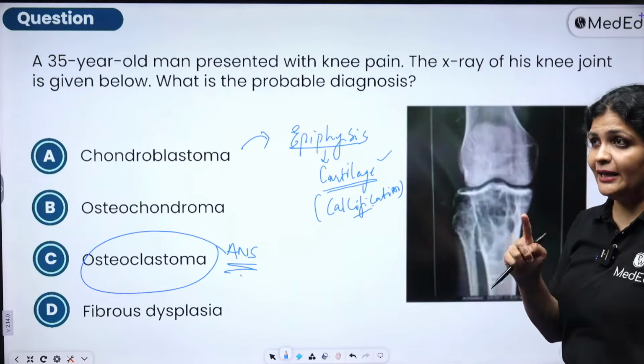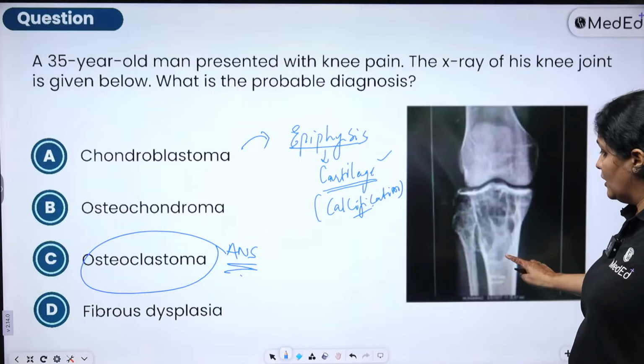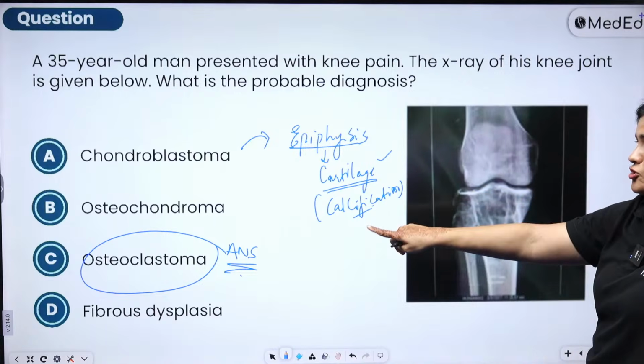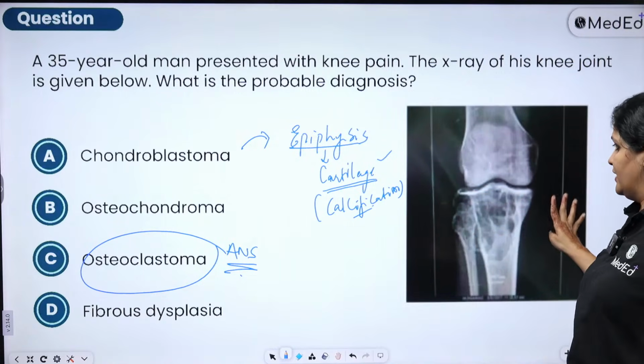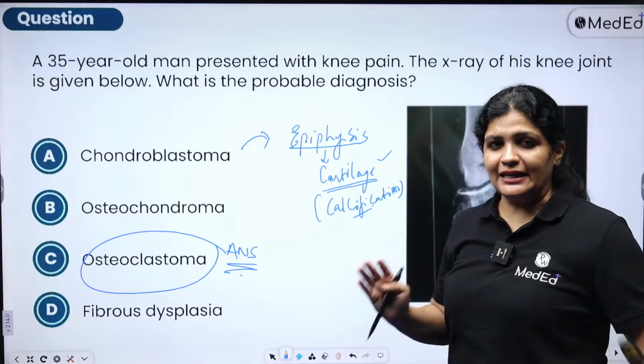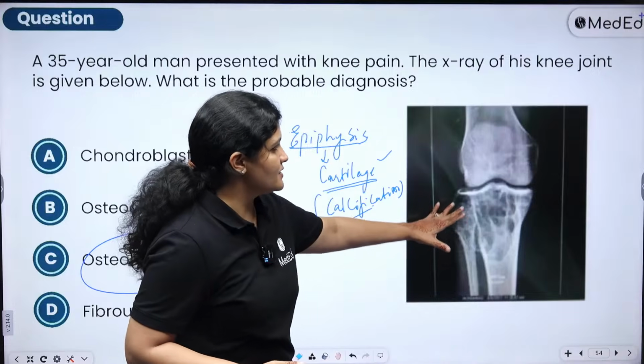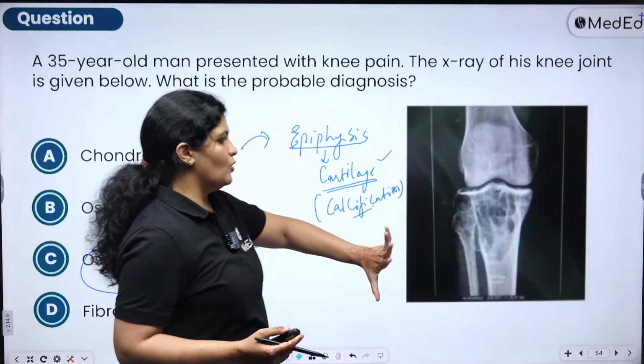You have to see whether it is in the epiphysis, metaphysis or diaphysis. In the epiphysis, be careful whether it is chondroblastoma or osteoclastoma. Here we are very secure and happy because it clearly shows no cartilage, and it is a skeletally mature patient, so it is a GCT.